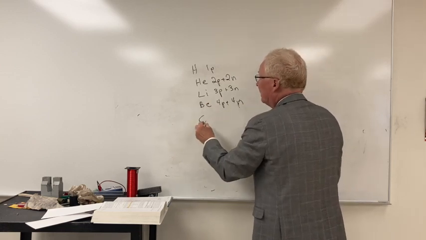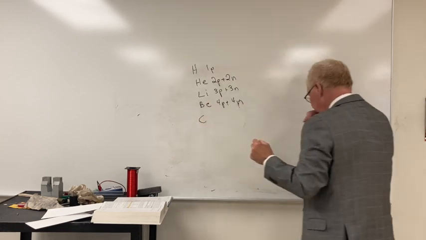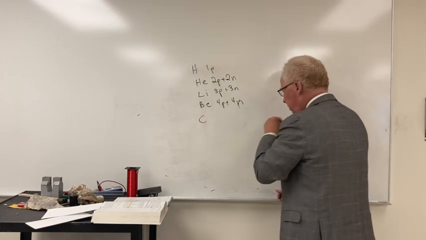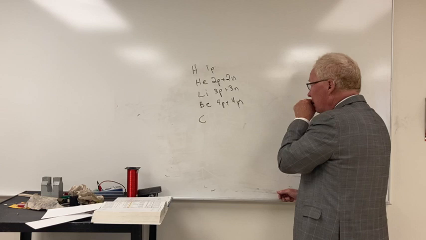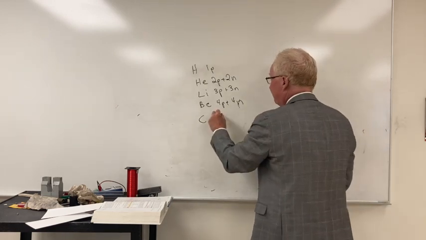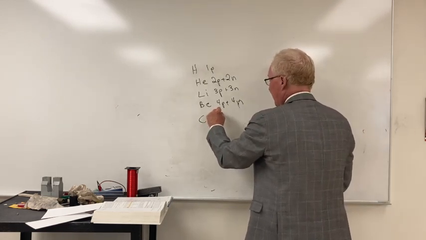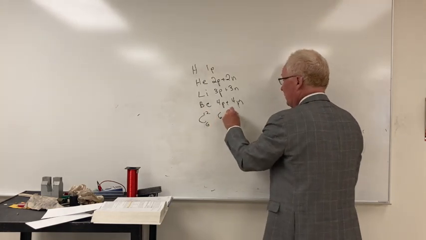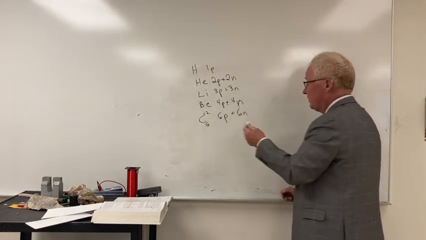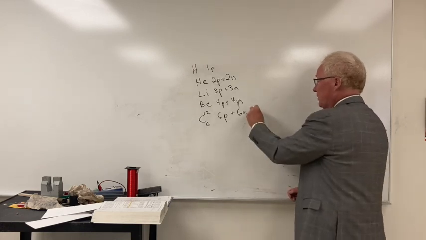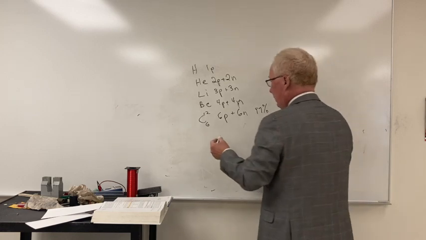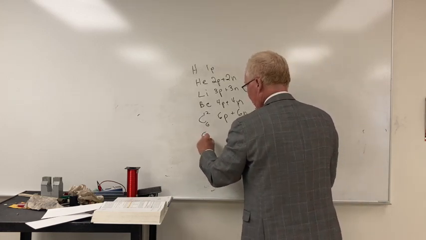Now if we look at carbon, carbon has 6 protons, what we call 6C12, plus 6 neutrons. This is standard carbon, which is 99% of carbon or more. And then we have isotopes.